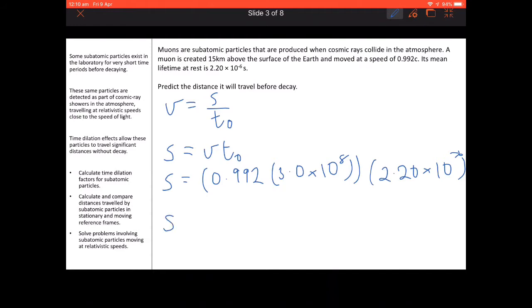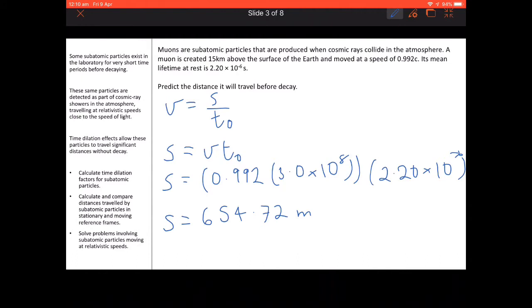This, when you pop it into a calculator, will end up being 654.72 meters.